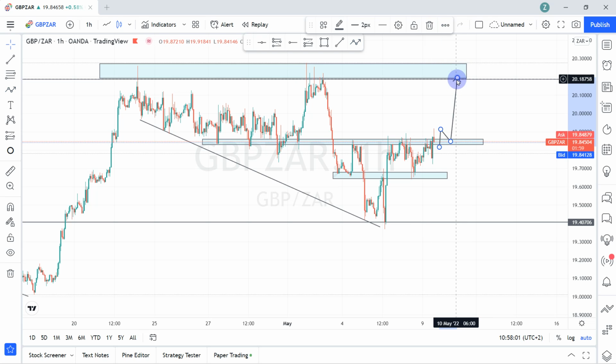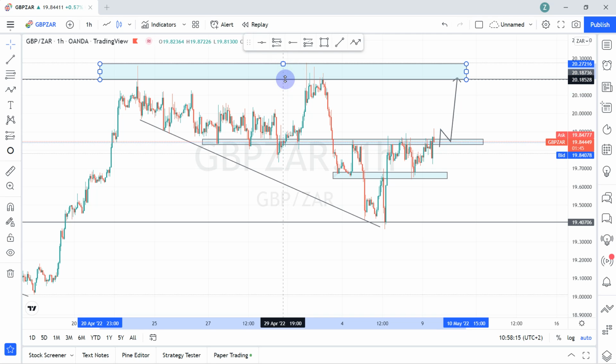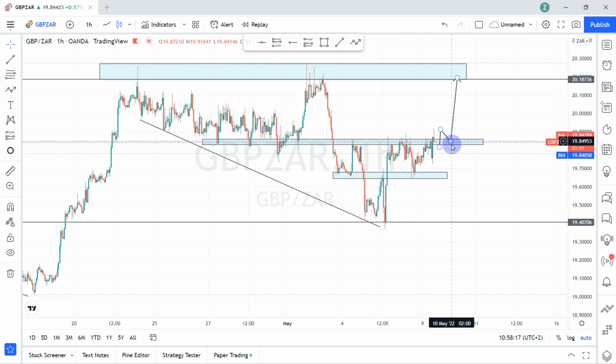And should the market push to the upside, it would give me a third touch of this support, this resistance zone, and also my key level. So that would confirm my buy setup.